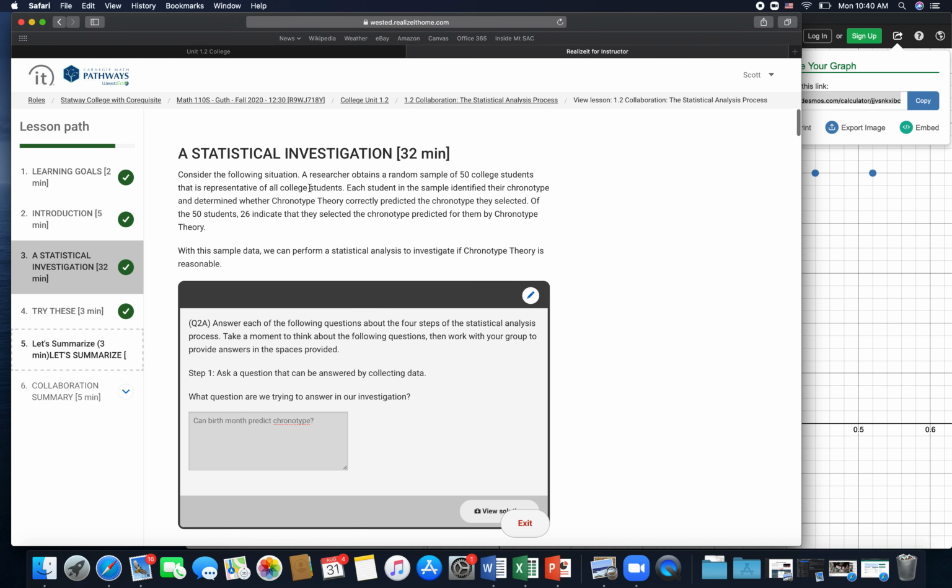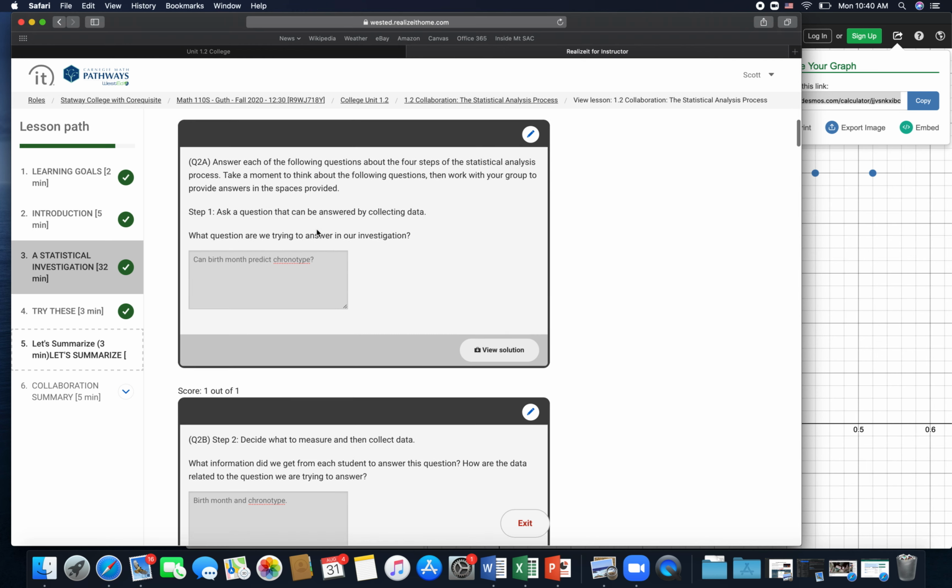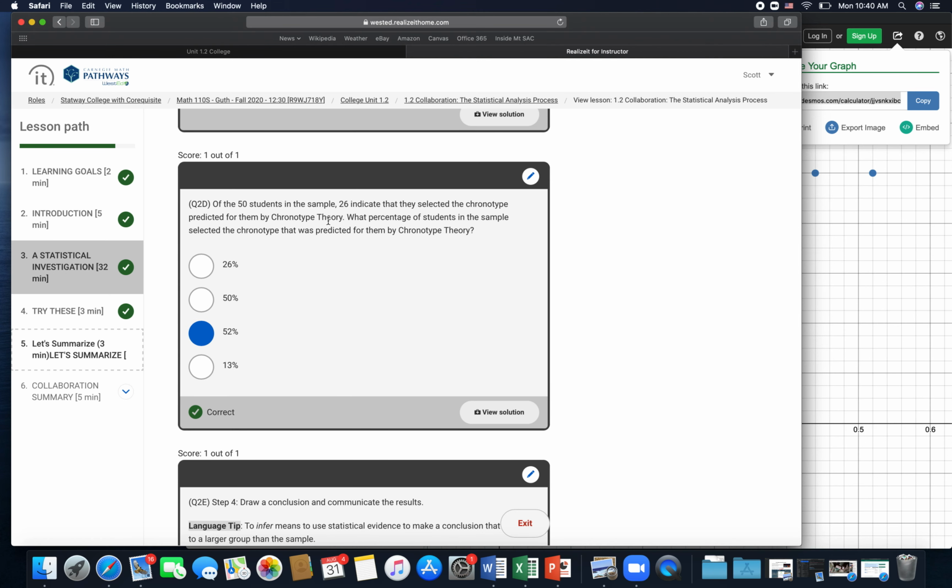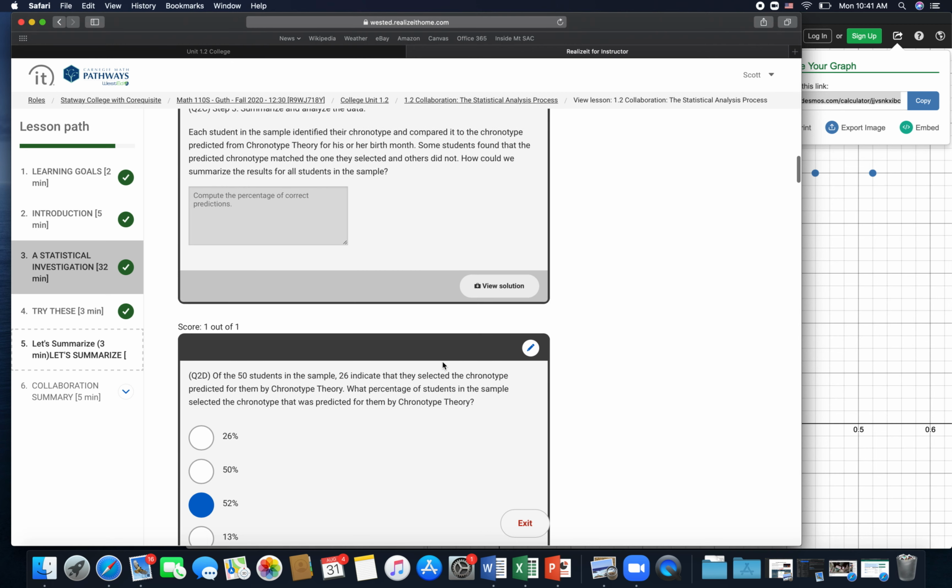Yeah, so the hypothetical here is that there's a class of 50 students where 26 students had correct predictions. So 26 out of 50 is 52% for that class, which seems to me to be pretty high.